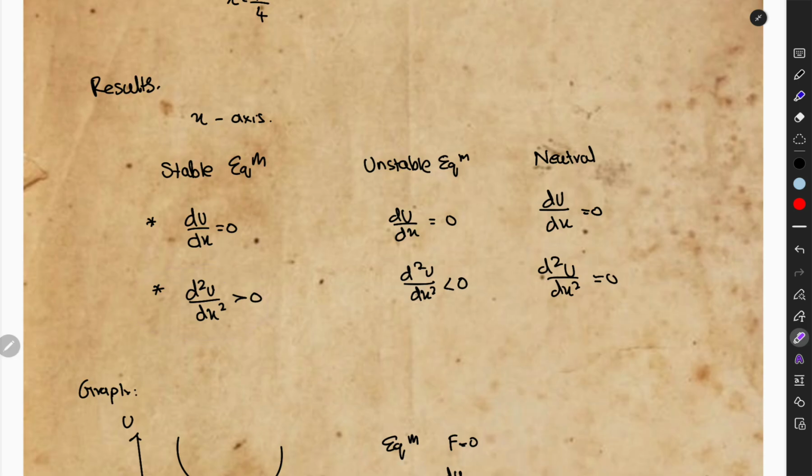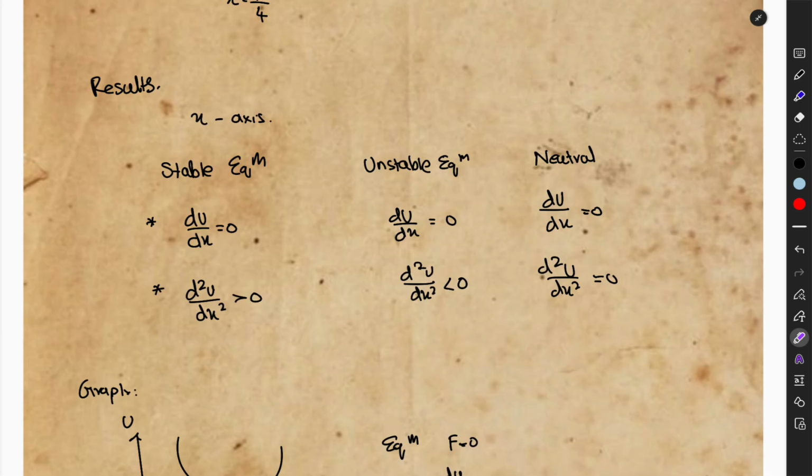When you double differentiate the equation of the potential energy, stable equilibrium gives greater than 0, unstable lesser than 0, neutral equal to 0. I think it shouldn't be a complicated process to understand.